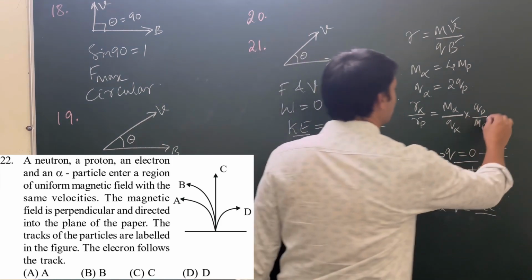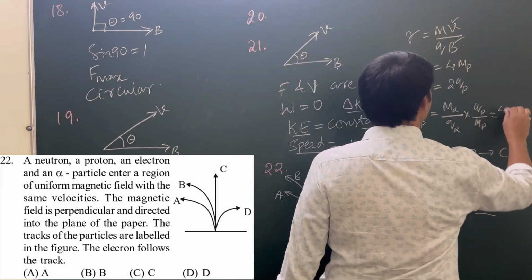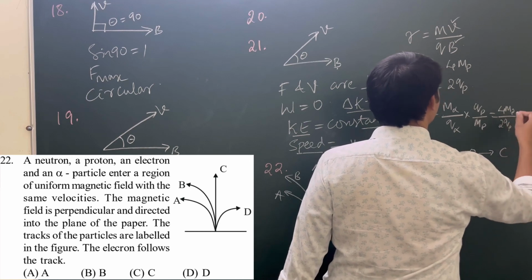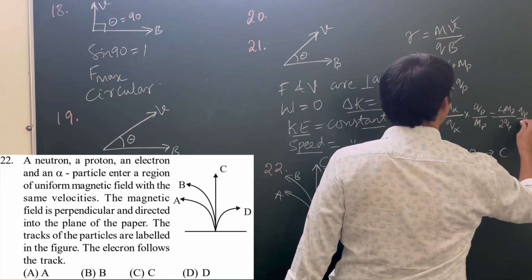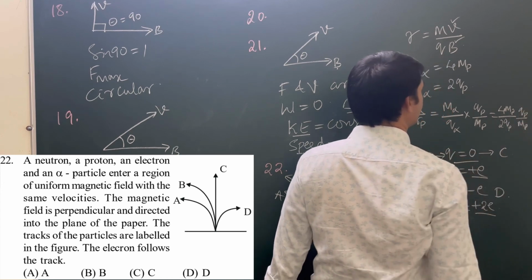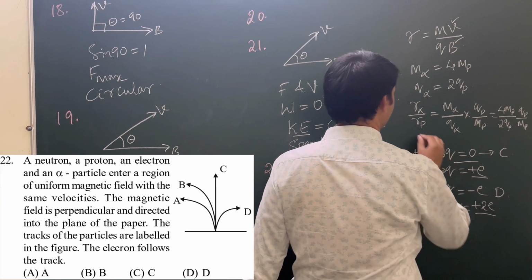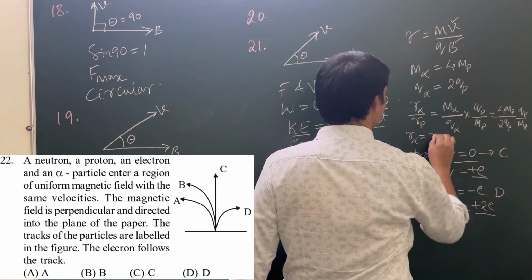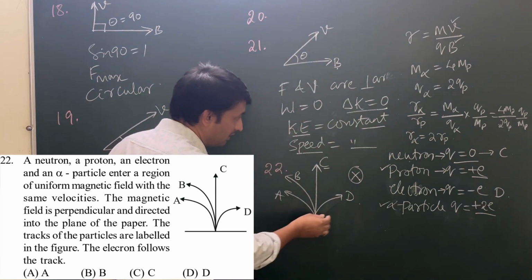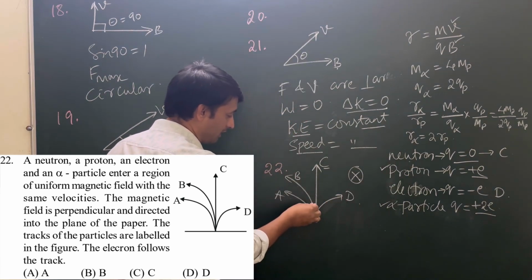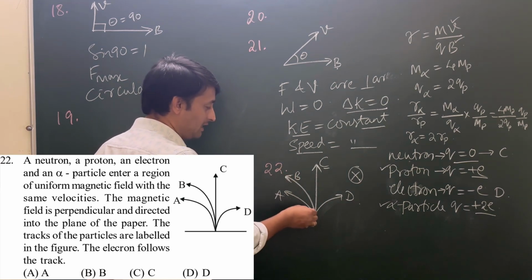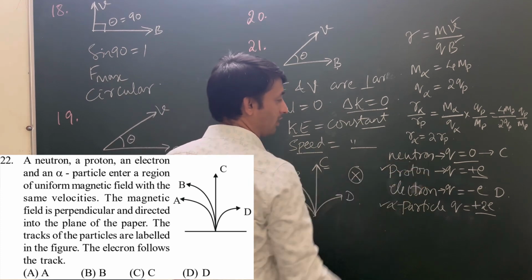When we substitute, mass of alpha particle is 4 times mp, charge is 2 times charge of the proton, qp divided by mp. mp cancels, qp gets cancelled, 2 1s are 2, 2 2s are 4. That means radius of alpha particle is 2 times the radius of the proton. So the radius of alpha particle is more here. That means B is alpha particle, A is the proton.